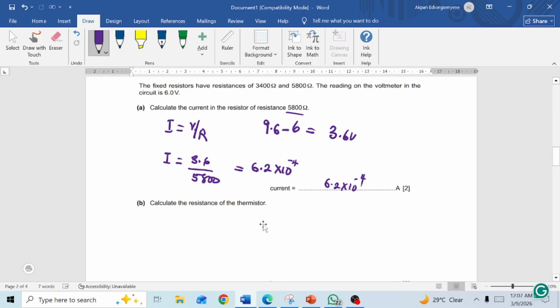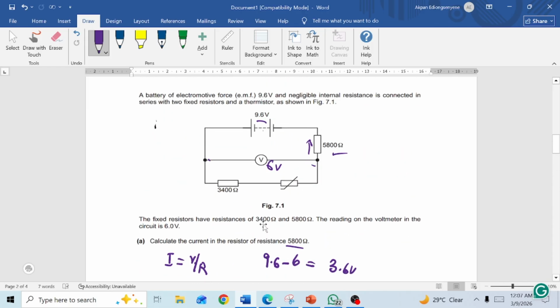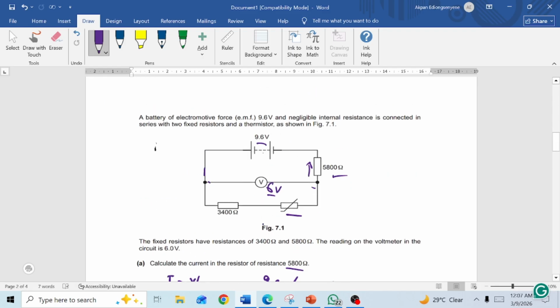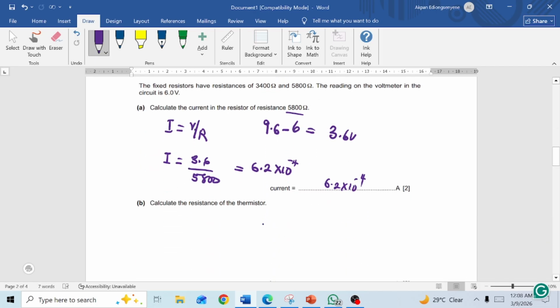Calculate the resistance of the thermistor. Looking at this, this is the thermistor and it is 6 volts. The current that we calculated, which is 6.2 times 10 raised to the power of minus 4, is the current that will come here, enter this one, enter the thermistor. If we can get the voltage of this, we will know the voltage of thermistor to get the current. So let's do it together. Current in fixed resistor, that is the one of 3400, will be I, that is there.